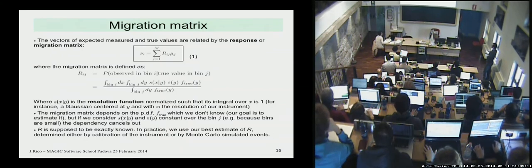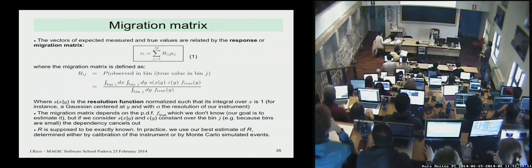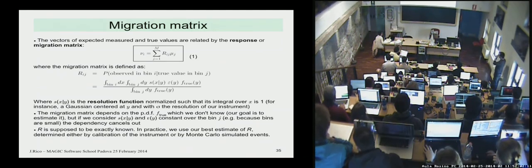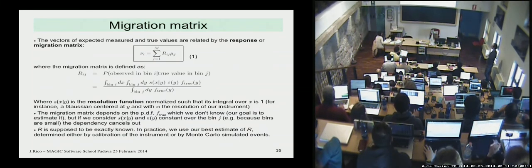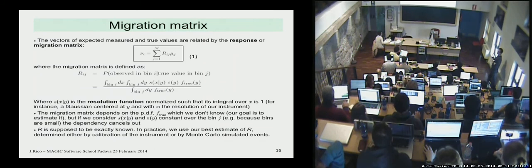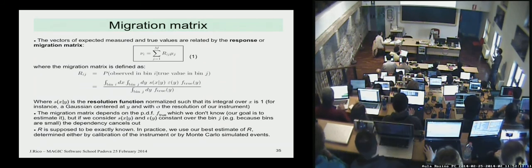So when can these two quantities be considered constant within a bin? When the bins are small. That's why this migration matrix has to be done in sufficiently small bins in order to be as precise as possible. In any case, in this context, the migration matrix is supposed to be exactly known, whereas in principle we estimate it.